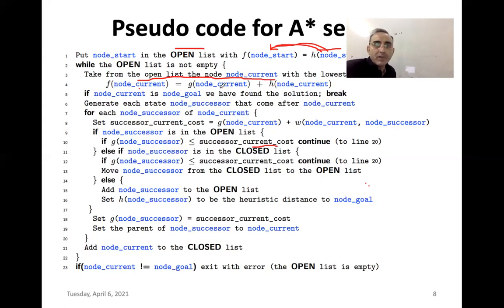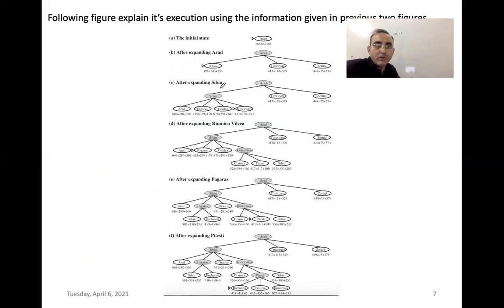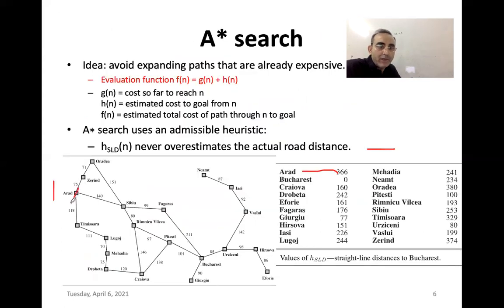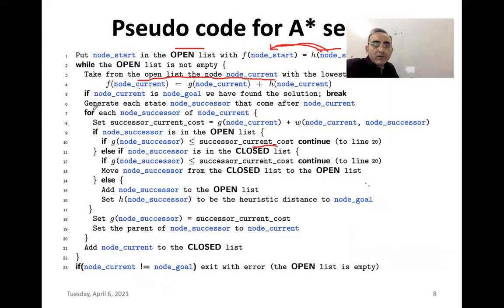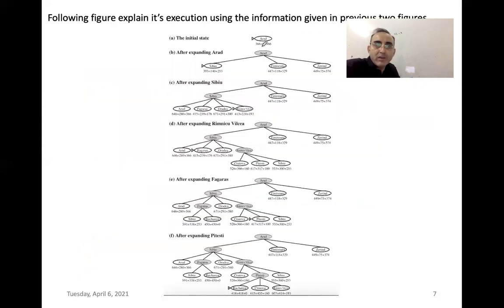The g of n of Arad is 0, because I start from here and have not traveled anything yet, so the actual cost is 0. So 0 plus h of the current node Arad, which is 366. So 0 plus 366, f of Arad is 366, as you can see here.